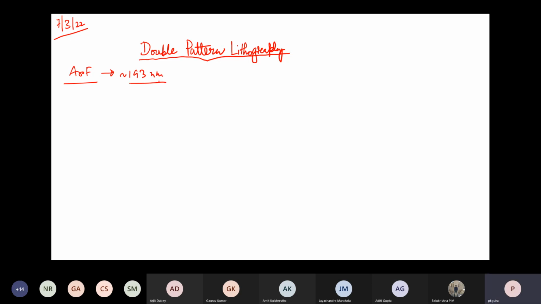But even with this wavelength of UV source, you probably will be able to write only a few hundreds of nanometers, on the higher side, just below a micron, simply because, as we mentioned, there is diffraction.